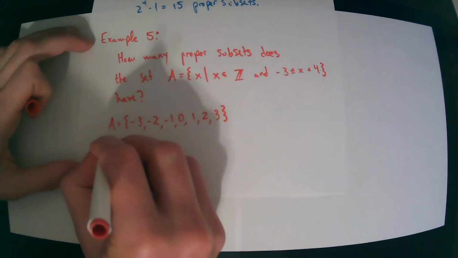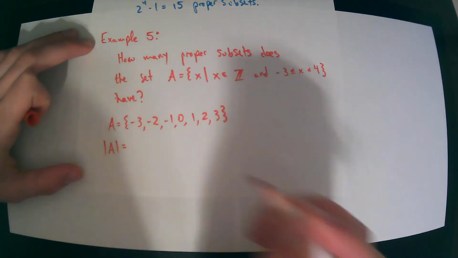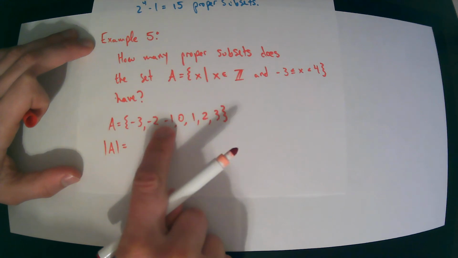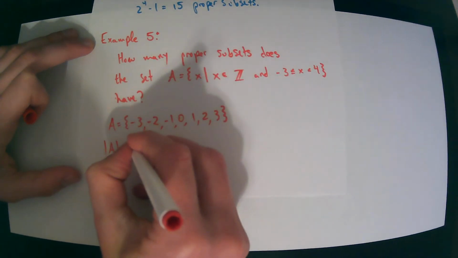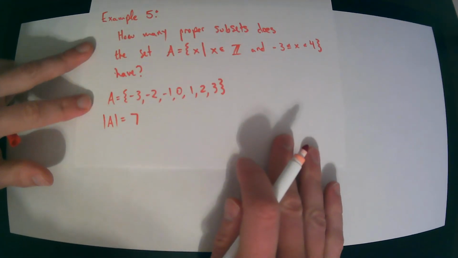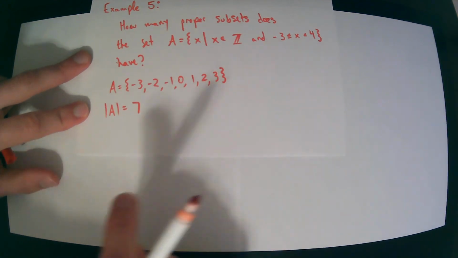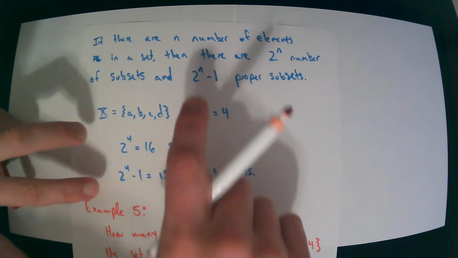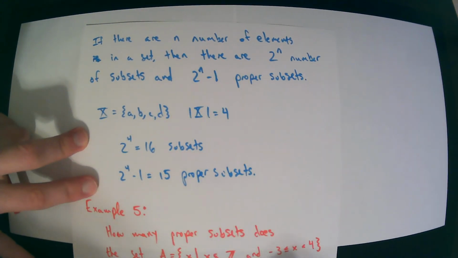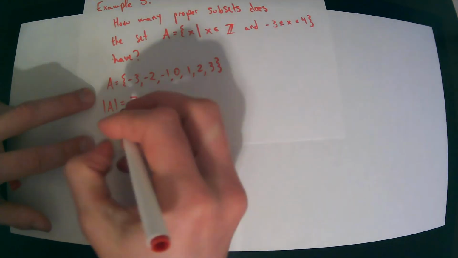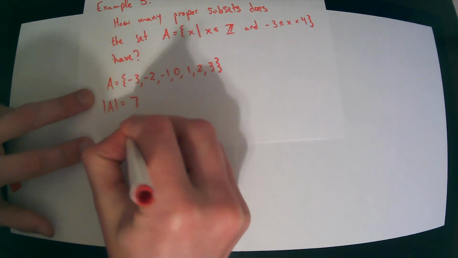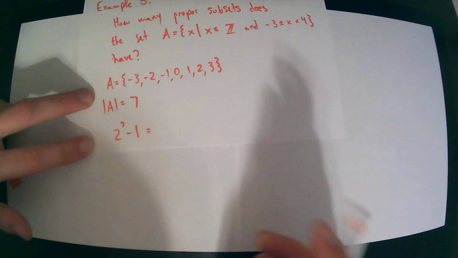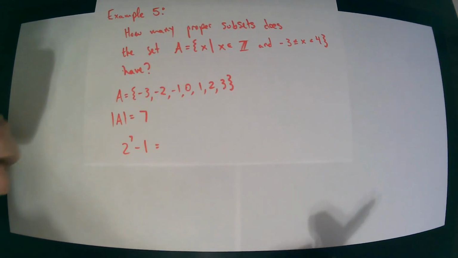Now, what is the cardinal number of A? That's the next step. 1, 2, 3, 4, 5, 6, 7. Okay, so the number of proper subsets is going to be 2 to the 7th minus 1. Exponents first, so 2 to the 7th.